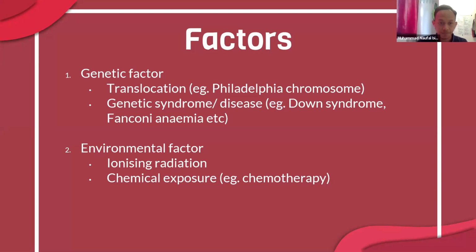The next factor is environmental factors like ionizing radiation and also chemical exposure like chemotherapy. These factors can cause genetic damage, which can result in increased proliferation, reduced apoptosis, blocked cellular differentiation, and can cause the accumulation of blast cells, which are the immature white cells in the bone marrow.